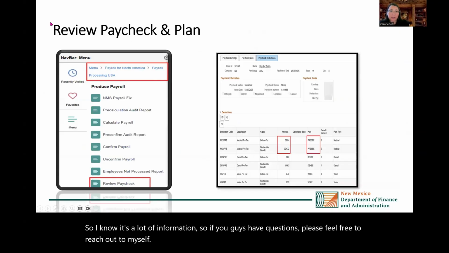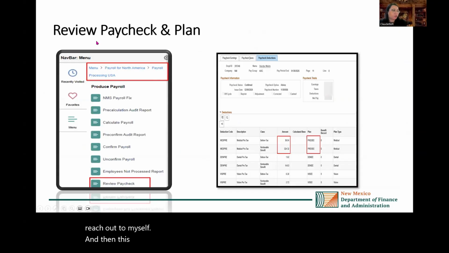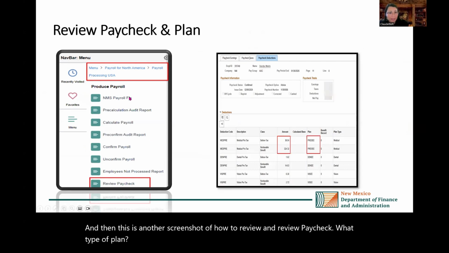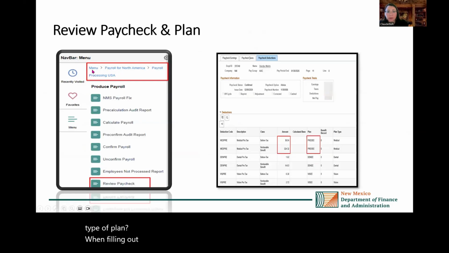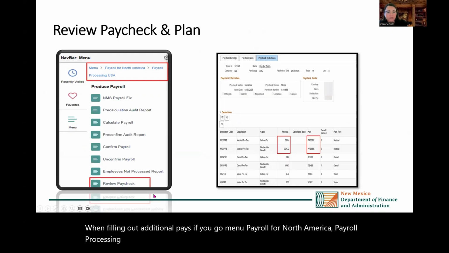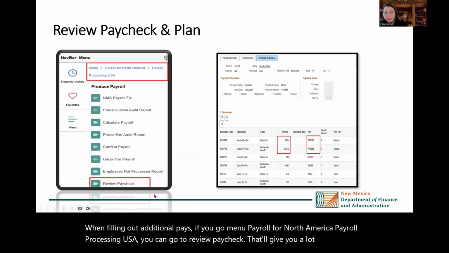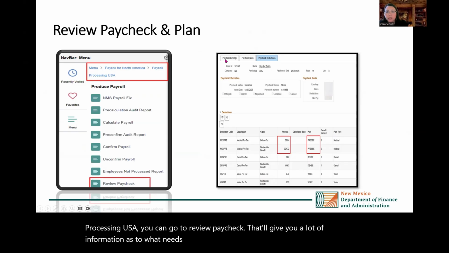And then this is another screenshot of how to review in Review Paycheck what type of plan when filling out additional pays. If you go Menu, Payroll for North America, Payroll Processing USA, you can go to Review Paycheck. That'll give you a lot of information as to what needs to be put on forms.